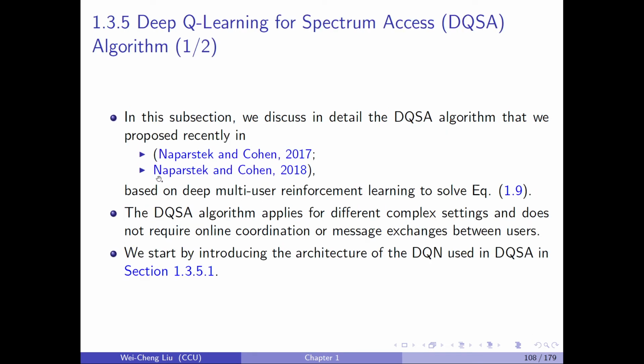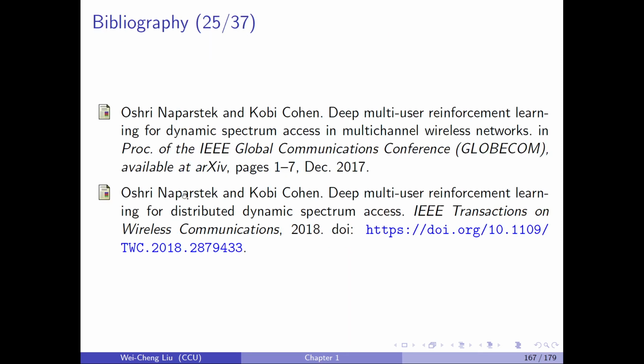Okay, next is Naparstek and Cohen in 2018. Okay, here Naparstek and Cohen. The paper title is Deep Multi-User Reinforcement Learning for Distributed Dynamic Spectrum Access, and is published in the journal IEEE Transactions on Wireless Communications in 2018. And here is the DOI.